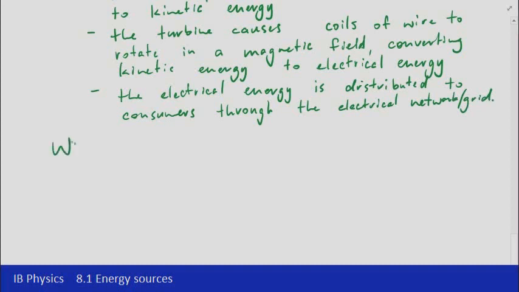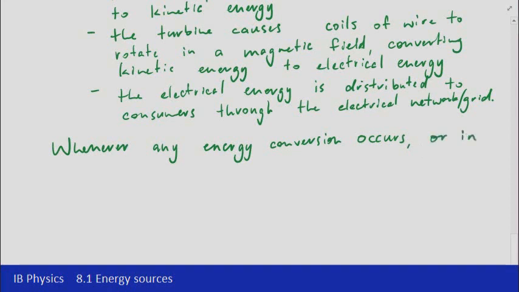Now, we should already be aware of the fact that whenever we have any energy change or any energy conversion, we're going to see that some of the energy is going to be lost, and so this is also true in distribution of electrical energy. Some energy will always be lost.